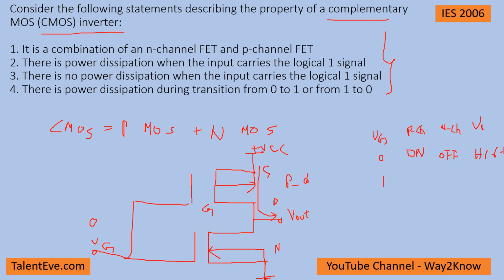Now when VG is 1, what happens is this P channel would be off and the N channel would be on, and as this is off, the output will be connected to the ground directly as this is on. So that means the output is low here, the Vout is low. So if you see the voltage transfer characteristic, if you treat this as VG and Vout, it would be this way.